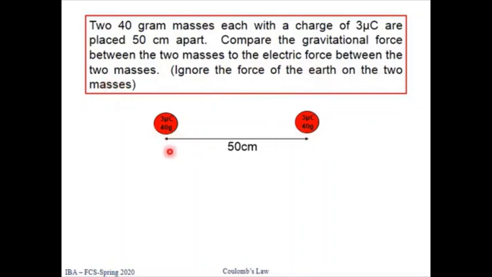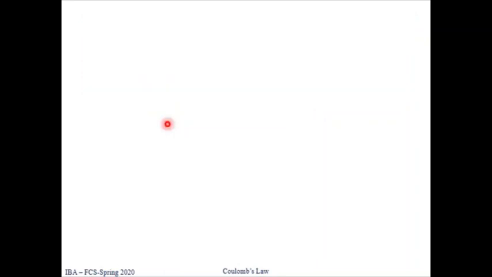So we have 40 gram masses with a distance between them of 50 centimeters, and two charges of 3 microcoulombs, and microcoulomb means 10 raised to the power minus 6 coulomb.